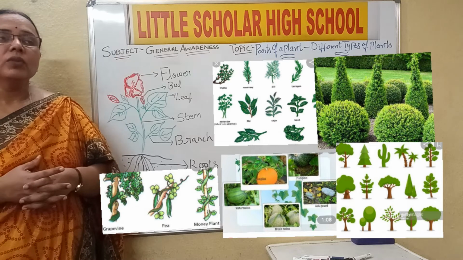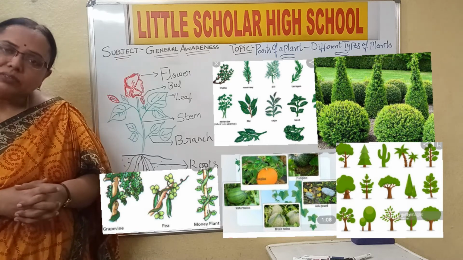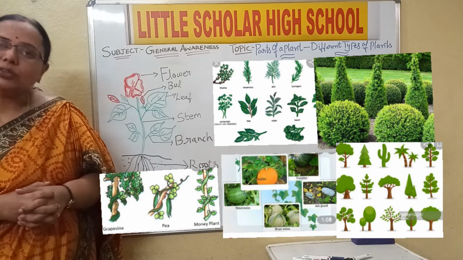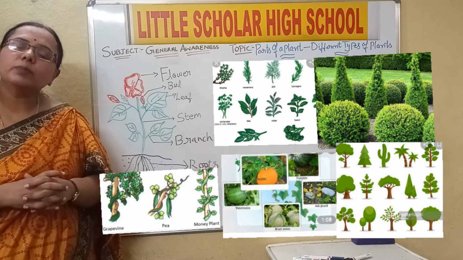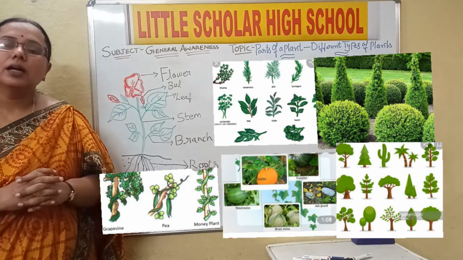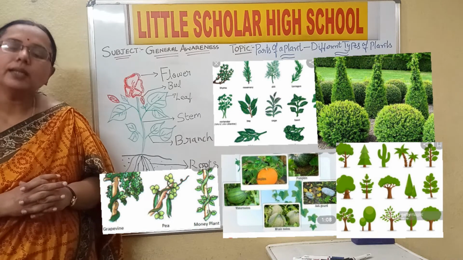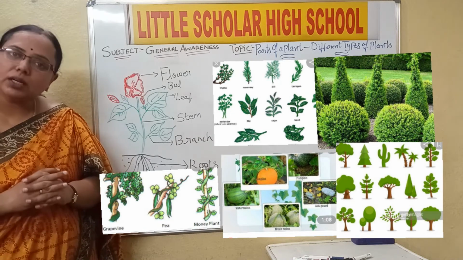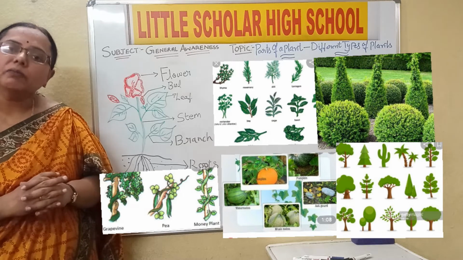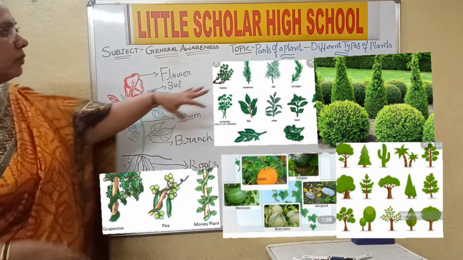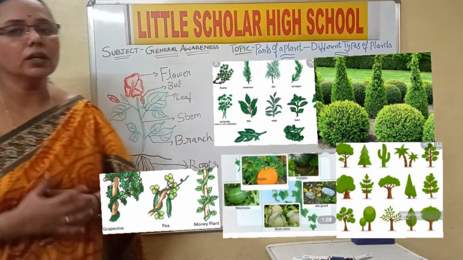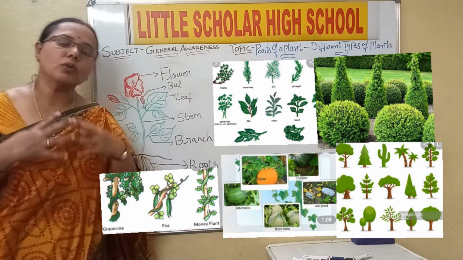Now whenever we talk about the different types of plants, the first thing we should talk about is the herbs. Herbs are very small plants.